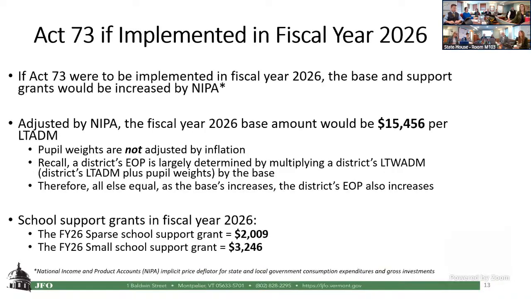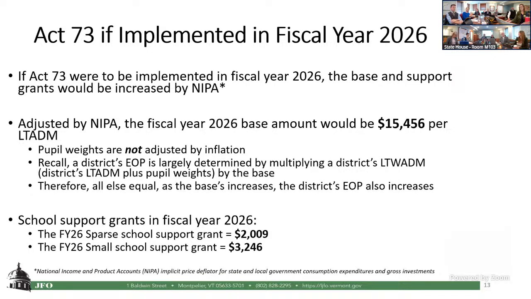So if Act 73 were to be implemented in fiscal year 2026, the base and support grants would be increased to account for inflation. You'll recall that the Act 73 as enacted numbers were the dollar amounts for fiscal year 2025. So now we are one fiscal year in the future, so we would have to adjust for inflation.